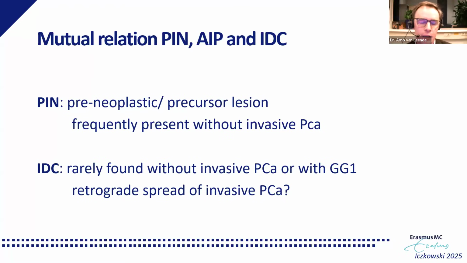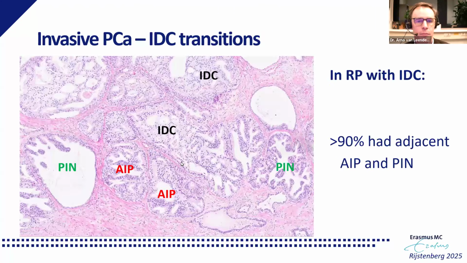IDC, on the other hand, is mostly found adjacent to prostate cancer and only very rarely without cancer or just next to a Gleason score 6 prostate cancer. That's why many people think IDC probably is not a precursor lesion, but is retrograde spread of invasive cancer into the pre-existent duct system. So the retrograde spread theory is the most popular at this moment for the pathogenesis of IDC.